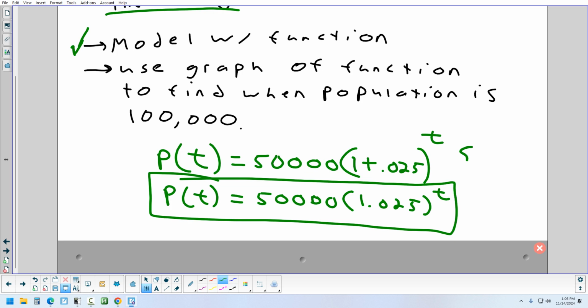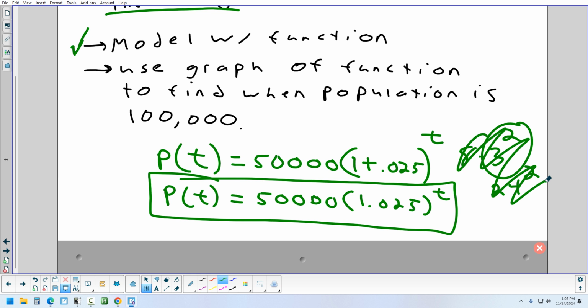It's kind of like if you had 8 times 3 squared. You can't say 8 times 3 is 24 squared. You've got to do 3 squared is 9, and then 9 times 8 is 72. You have to follow order of operations.